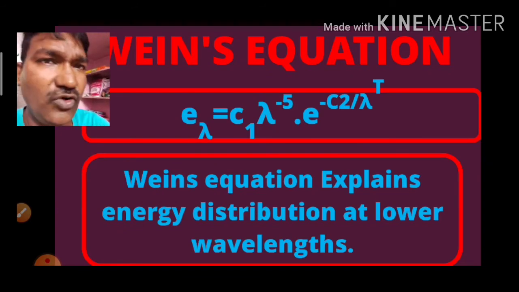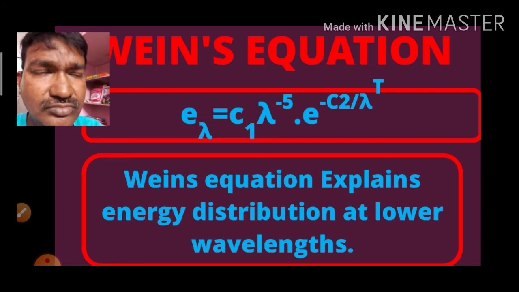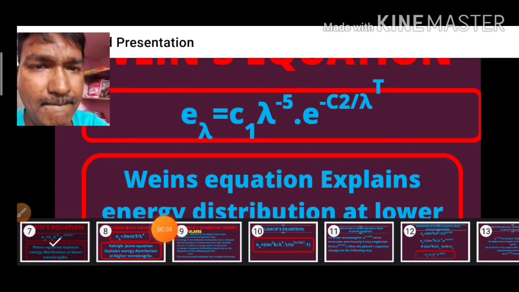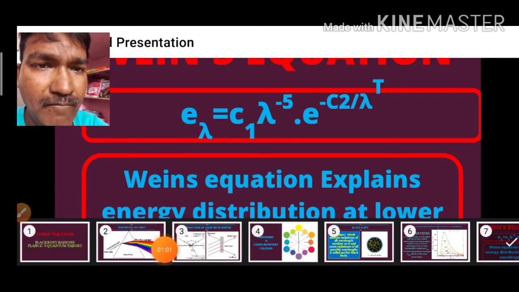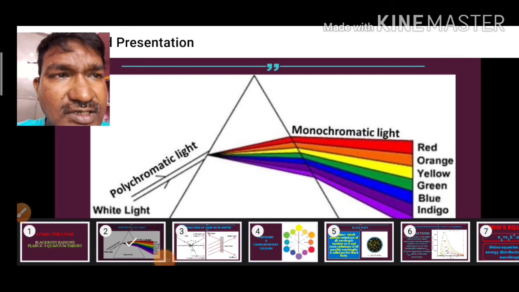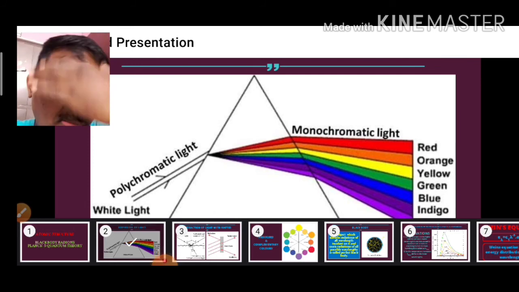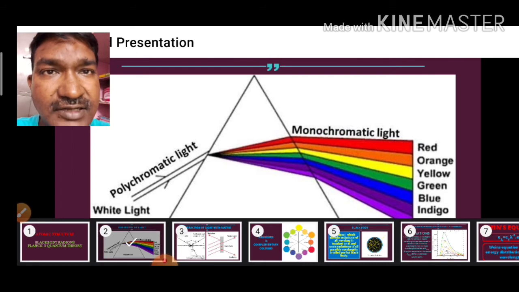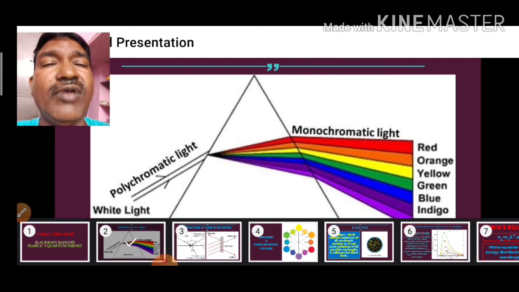So first of all we have to learn about the dispersion of the light. So we know very well that when a white light, that means the light that helps us to see the objects around us, is called the white light.